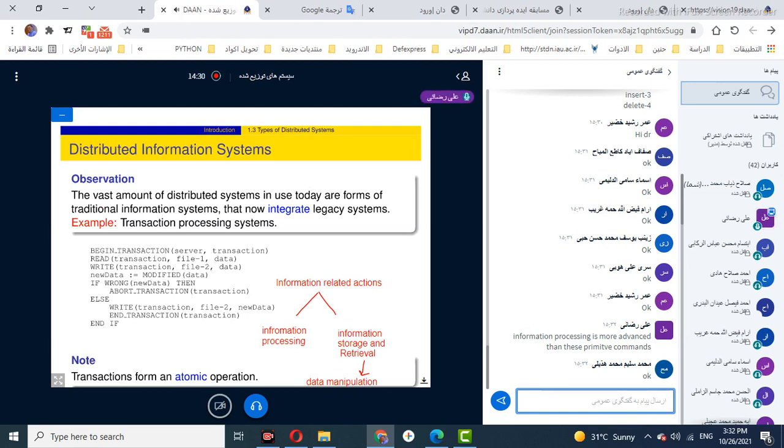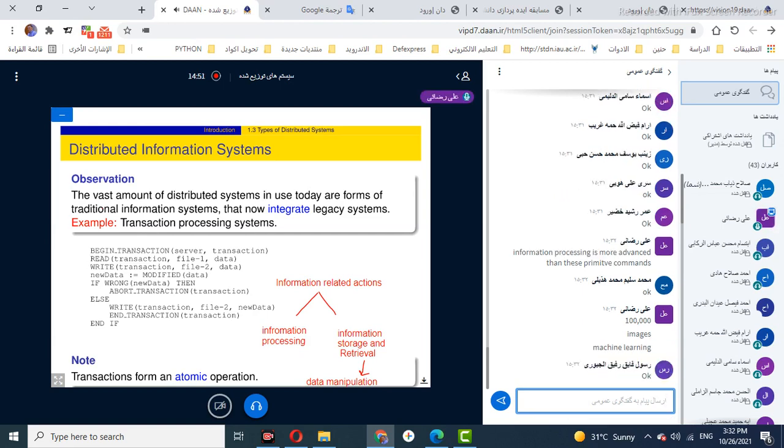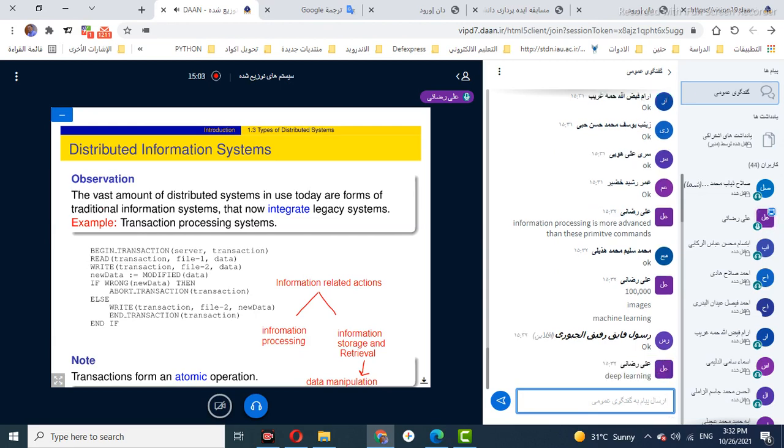For example, you may have more than 100,000 images, and you want to do some machine learning on these images. You want to use some machine learning or deep learning algorithm to classify these images.